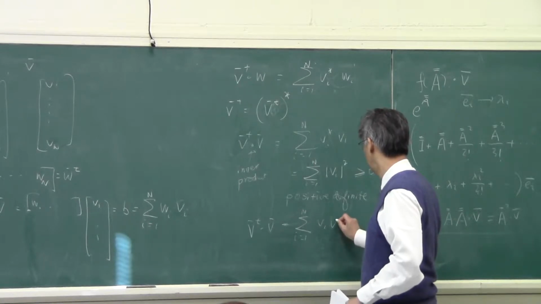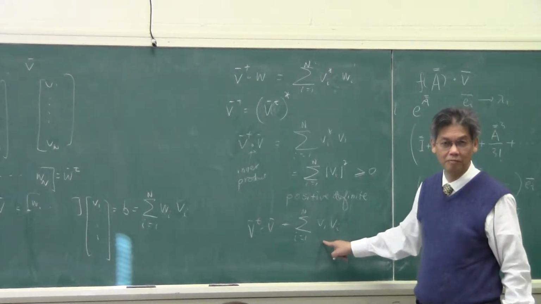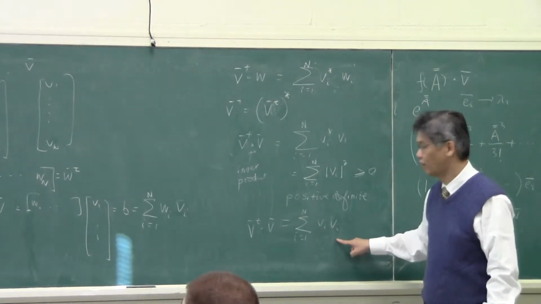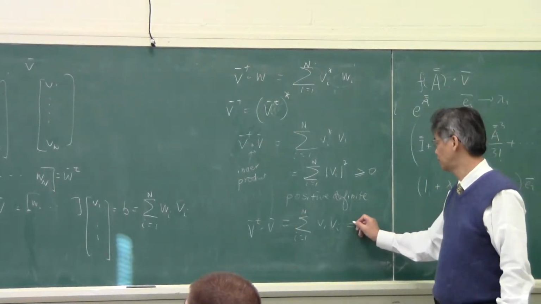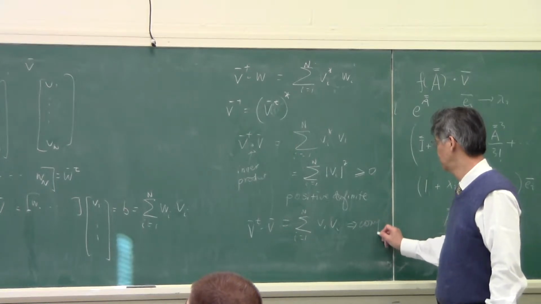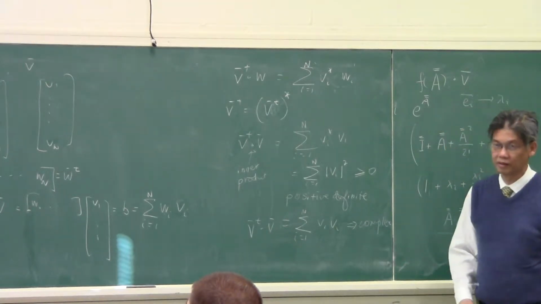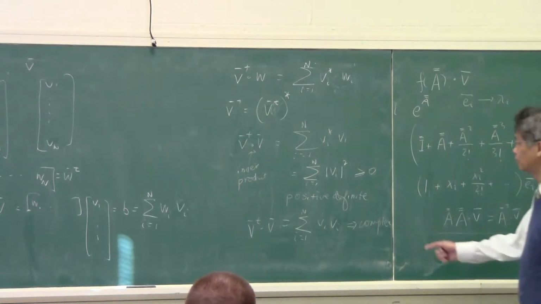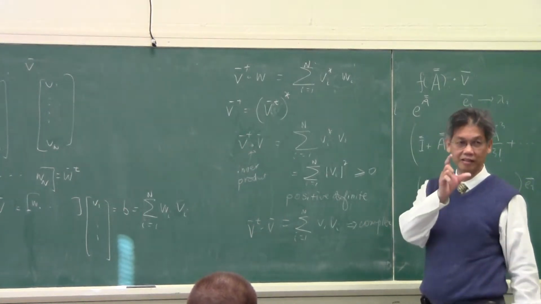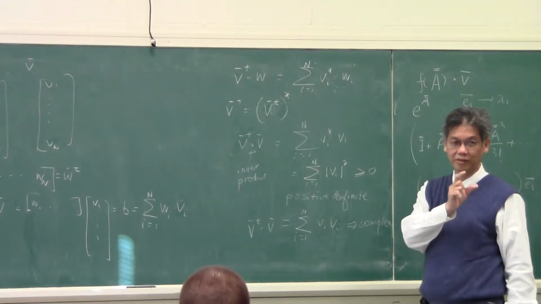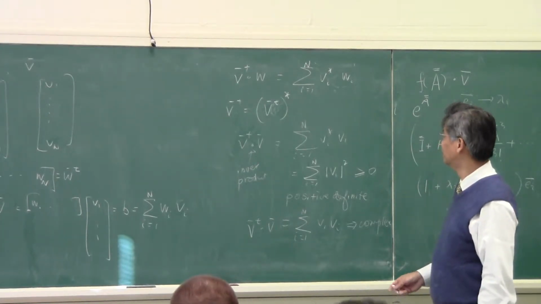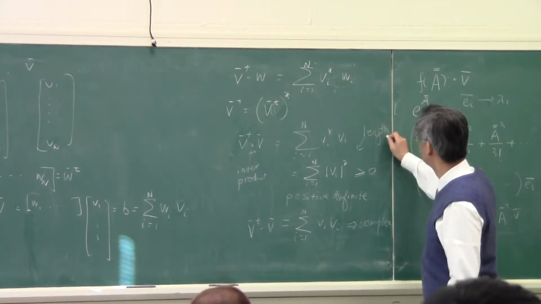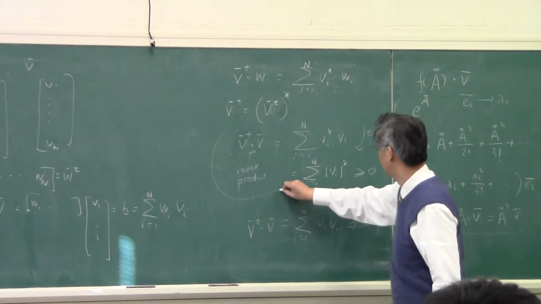If these are complex numbers, this cannot be ensured to be a real number, and this can be complex. That's no good, because then we cannot measure length. The positive definite inner product can be used to measure the length of a vector, because length is a positive definite quantity. So this gives you the concept of a length, and this kind of inner product is good in that sense.